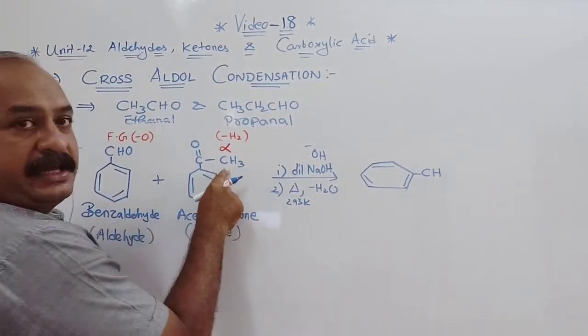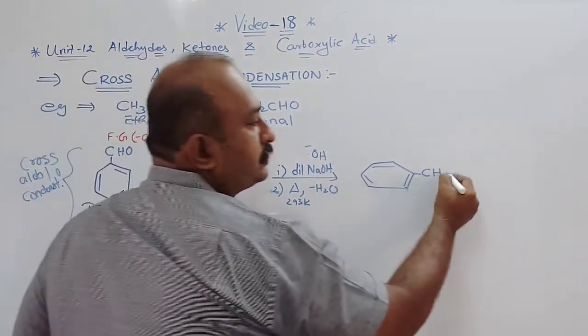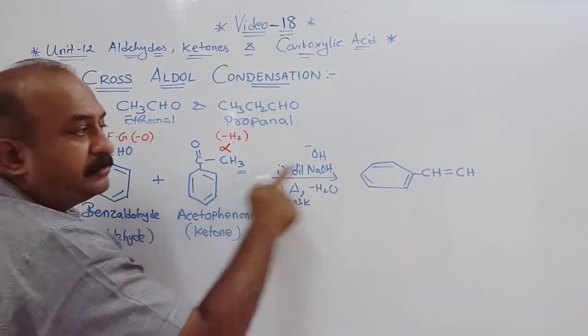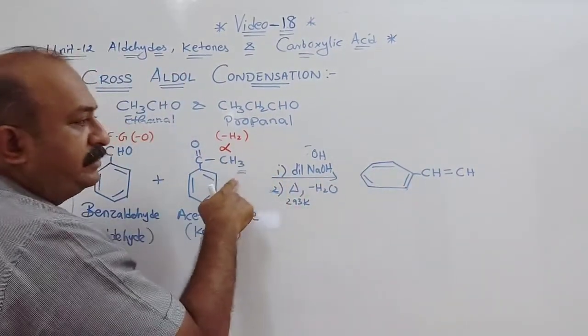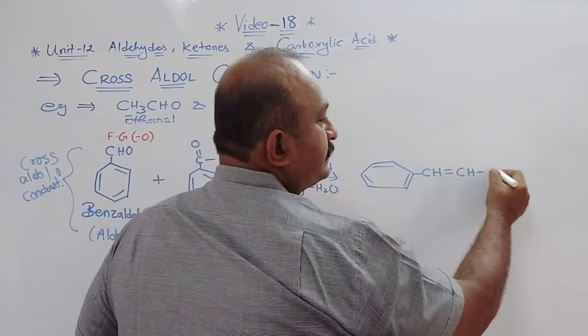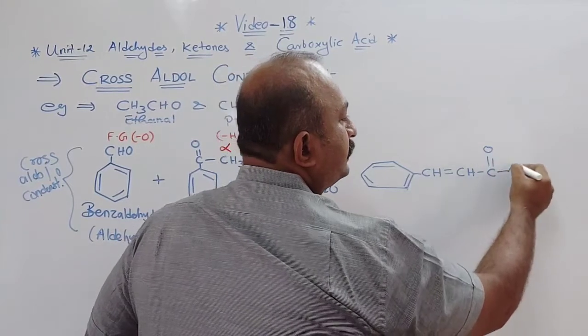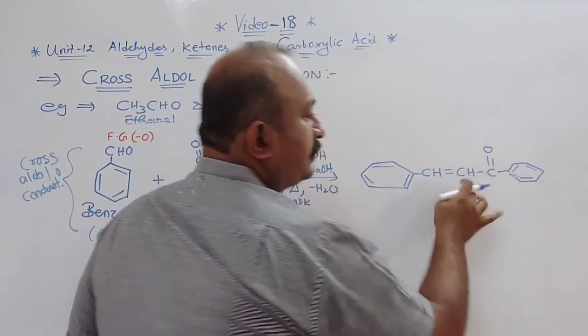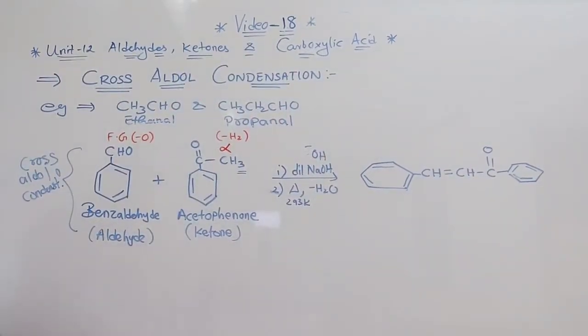Then this carbon I have to join because I have removed hydrogen. So double bond CH, because here it was CH3, and from CH3, 2 hydrogen are removed. What is remaining is C double bond O, and on that a benzene ring is there. Understood this part? So this is the cross aldol product given.